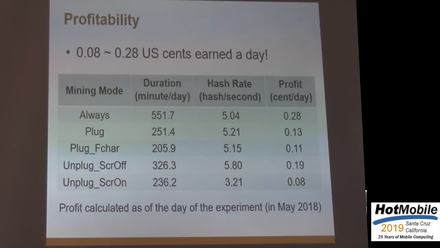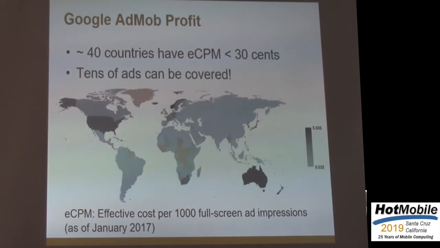So this sounds like nothing, right? But what does this number mean in terms of the ad profit? We looked at the Google AdMob profit. It was quite surprising. I didn't know this before. This map shows something called eCPM, effective cost per 1,000 full screen ad impressions.